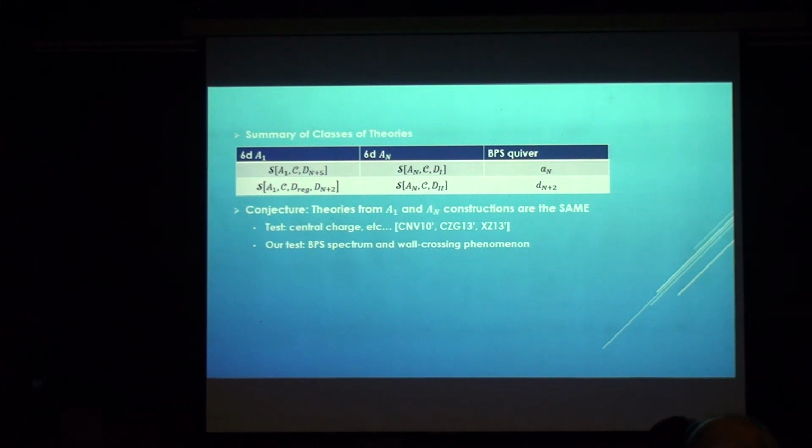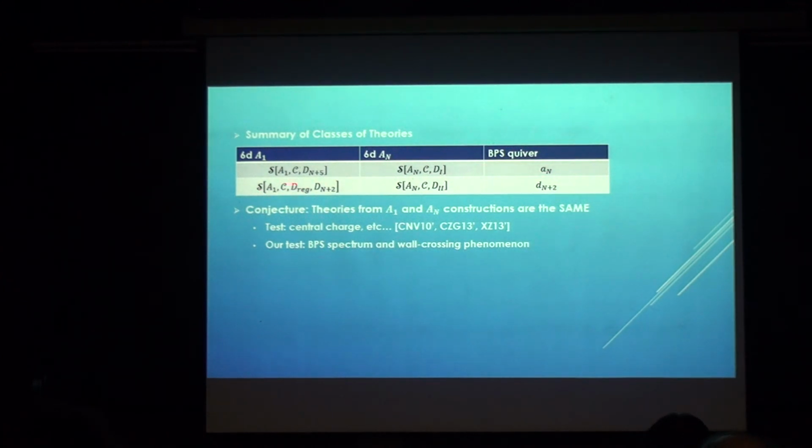If I summarize all these classes, from 6D A1 we have some types of class, and from 6D AN we have another type, but in the IR it gives the same BPS spectrum. Actually we can prove that they give the same series.